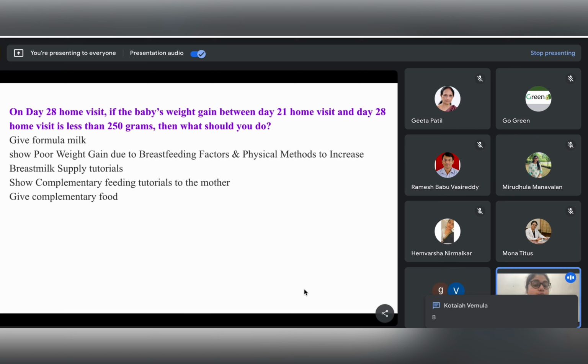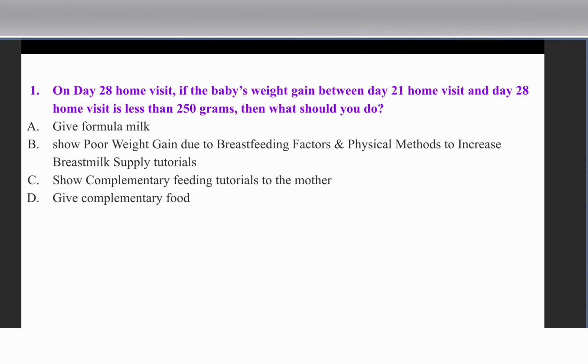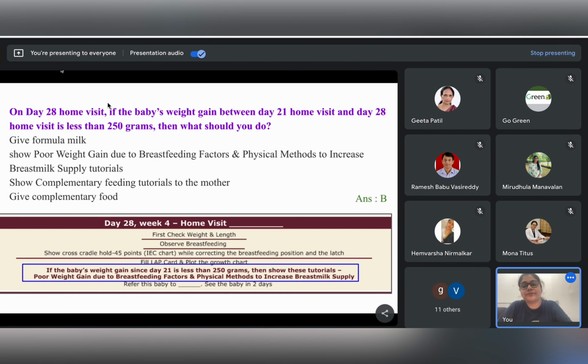Obviously you wouldn't give complementary food to a 28-day-old child, right? Because it is started at the completion of 6 months, right? So yes, the answer to this question is option B, show poor weight gain due to breastfeeding factors and physical methods to increase breast milk supply, how to increase breast milk supply tutorials, right?